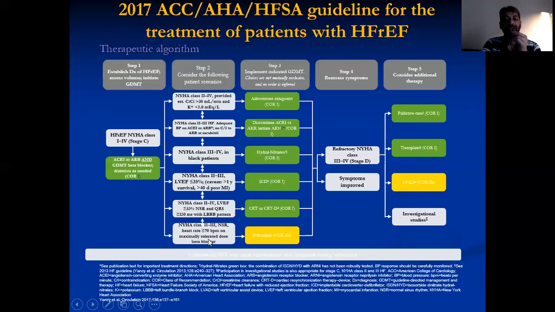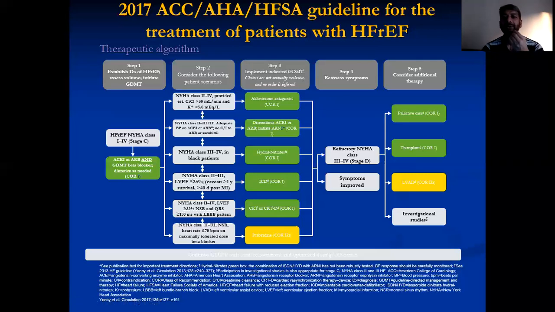Similarly, if your patient is tachycardic, his baseline heart rate is greater than 70 and is still symptomatic, and he's taking tolerated doses of beta blocker, that means if you can still increase beta blocker, then you can't add on ivabradine. But if he's already on a tolerated dose, but still his heart rate is greater than 70, you can add on ivabradine.